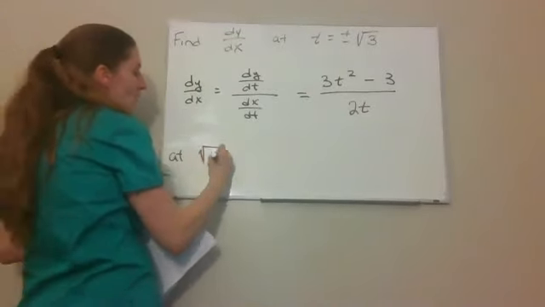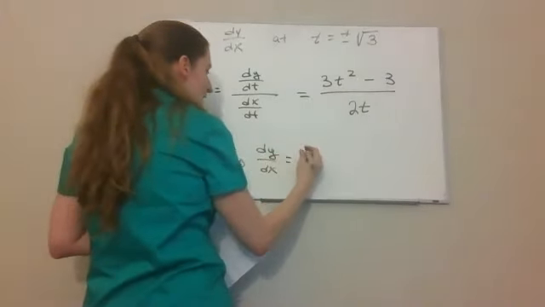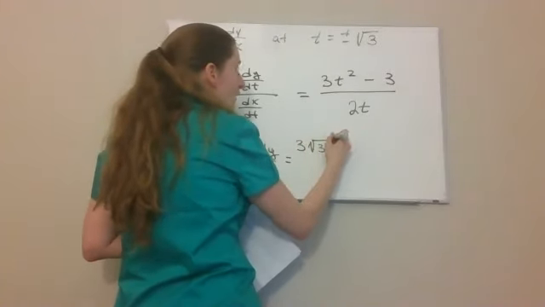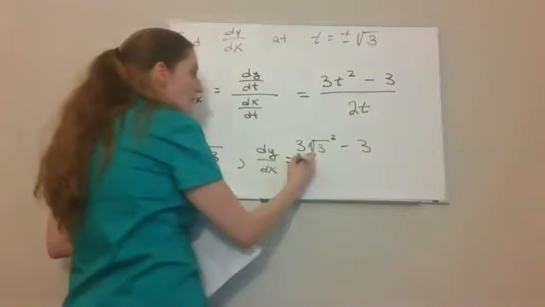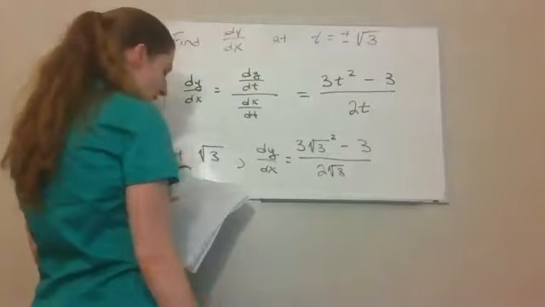At positive square root of 3, my dy/dx is equal to 3 times positive square root of 3 squared minus 3 over 2 times positive square root of 3.